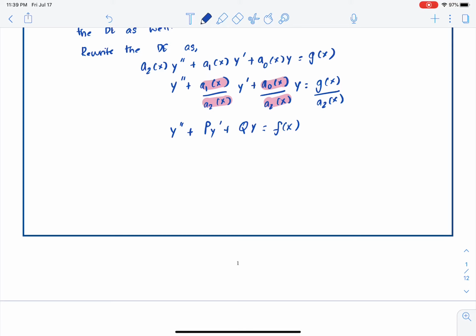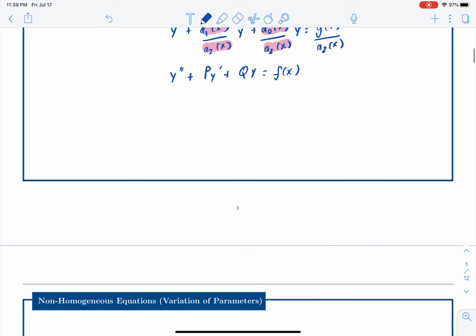Since we know y1 and y2, the particular solution is a linear combination of y1 and y2. But we don't have arbitrary constants in the particular solution, rather we have functions of x, because the particular solution cannot have arbitrary constants.